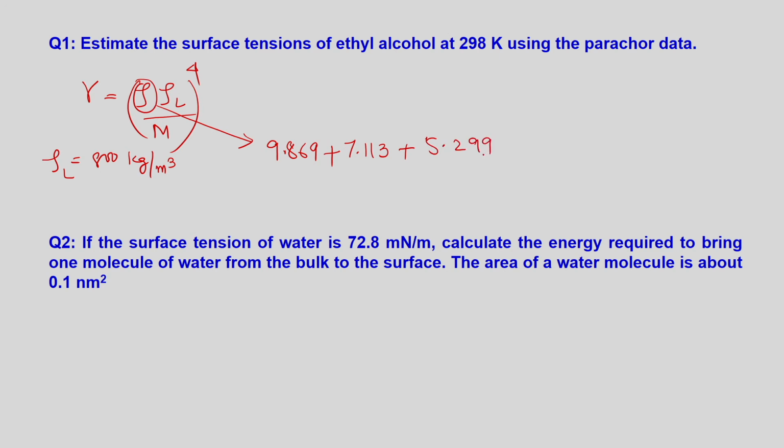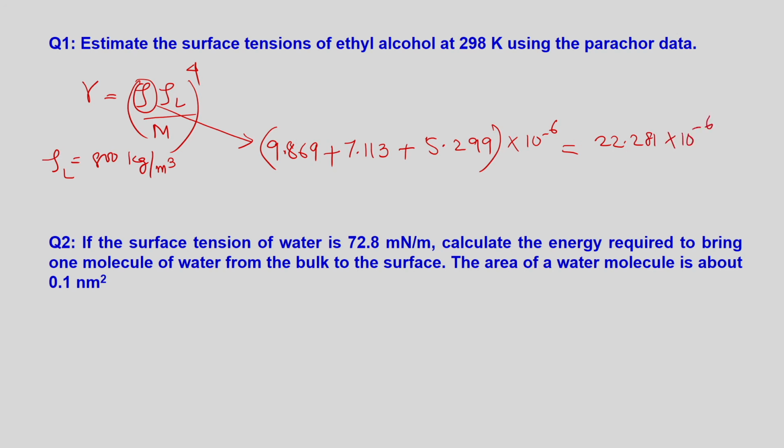You add these together and multiply by 10 to the power of minus 6. You will get the total Parachor volume as 22.281.